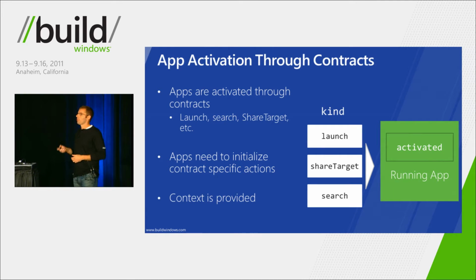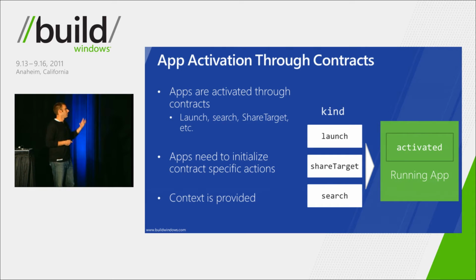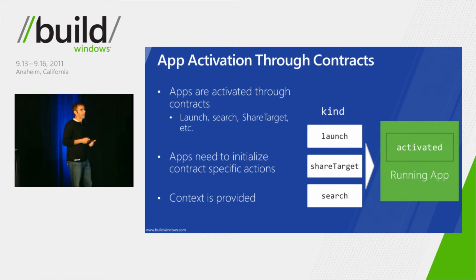When an application is activated, at least in JavaScript and HTML, it gets an activated callback. When this callback occurs, you can inspect several things about the activation, like the kind property, which will tell you how the app was activated. The activated event also has some other neat attributes, which we'll get into later.